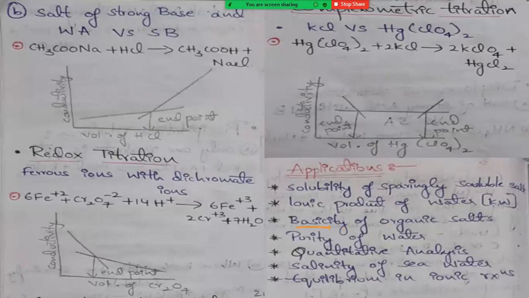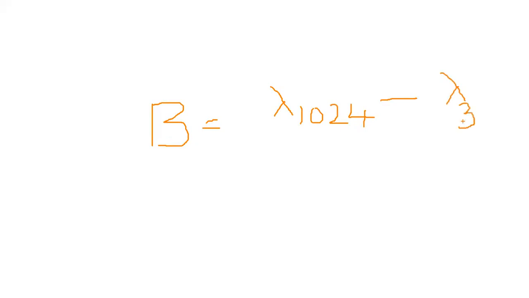We can calculate the basicity of an unknown compound by using a formula: B, which means basicity, equals lambda of 1024, that is equivalent conductivity at 1024 dilutions, minus lambda of 32, equivalent conductivity at 32 dilutions, divided by 10.8.